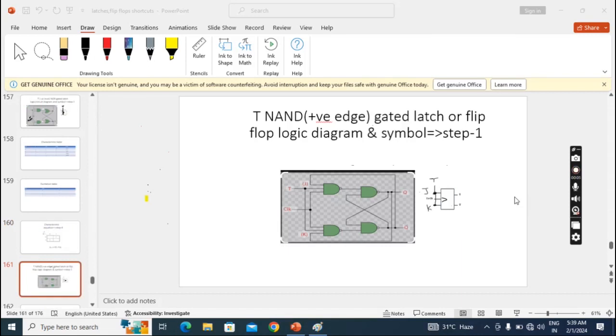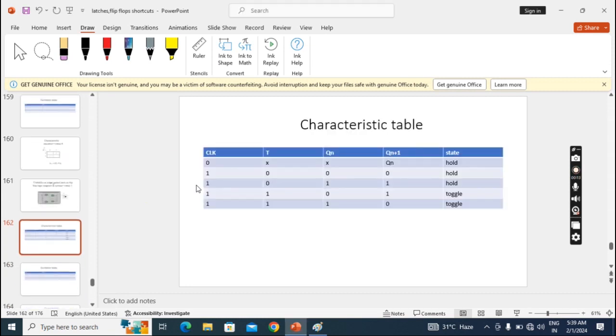In this lecture, we'll discuss the T flip flop with an AND latch part, that also with a positive edge. Here you can see a triangle symbol compared to the latch, remaining everything the same. Now this is the characteristic table. Now these clock levels are working with edges. In a latch, they will work with levels.